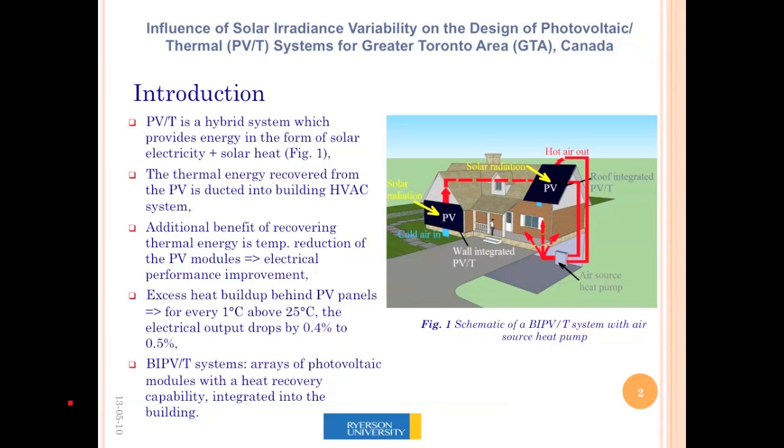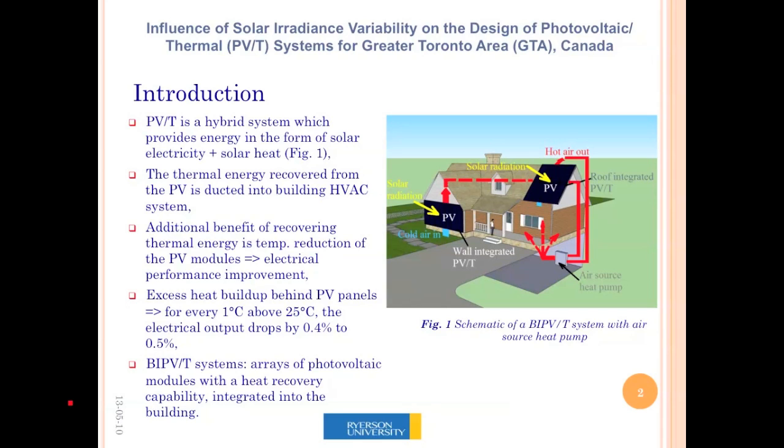A BIPVT system is then an integrated system which takes PVT as part of the building. So we incorporate the PVT system into the roof structure or the wall structure, so it becomes part of the building itself. So it should be mechanically sound, structurally sound, and also aesthetically nice.